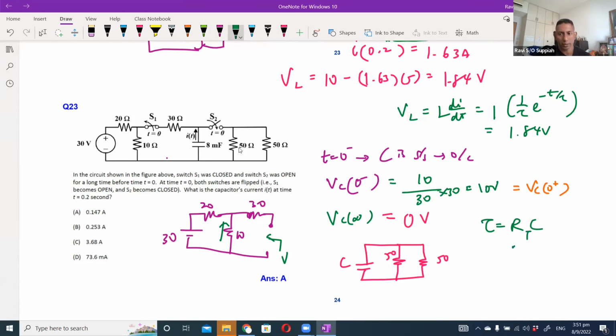If the capacitor is treated as the load and we put an imaginary supply there, whatever current comes out will split into two paths, so the resistance is a parallel of 50 and 50. So tau is 50 parallel 50 multiplied by the C, 8 milli, which gives me 0.2 seconds.